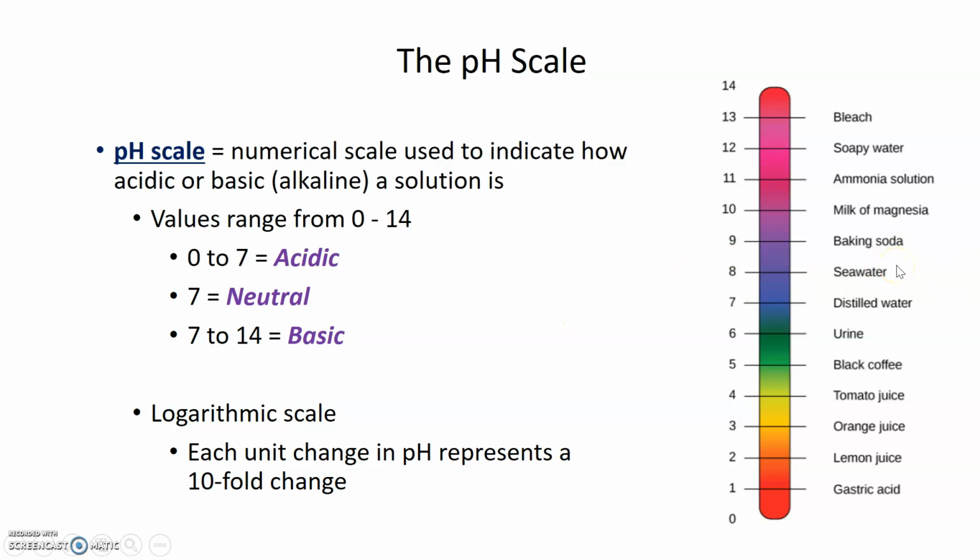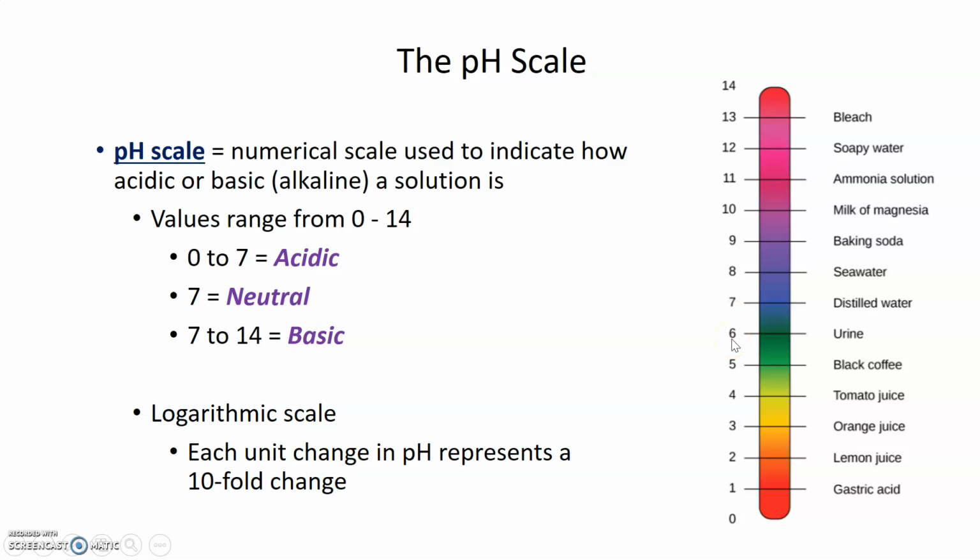It's a logarithmic scale, and that means that every time you move up 1 unit in pH or move down 1 unit, each change actually represents a 10-fold change. So if you're moving from 7 to 8, pH 8 is actually 10 times more basic than pH 7, and 6 is 10 times more acidic rather than 1 times, right?